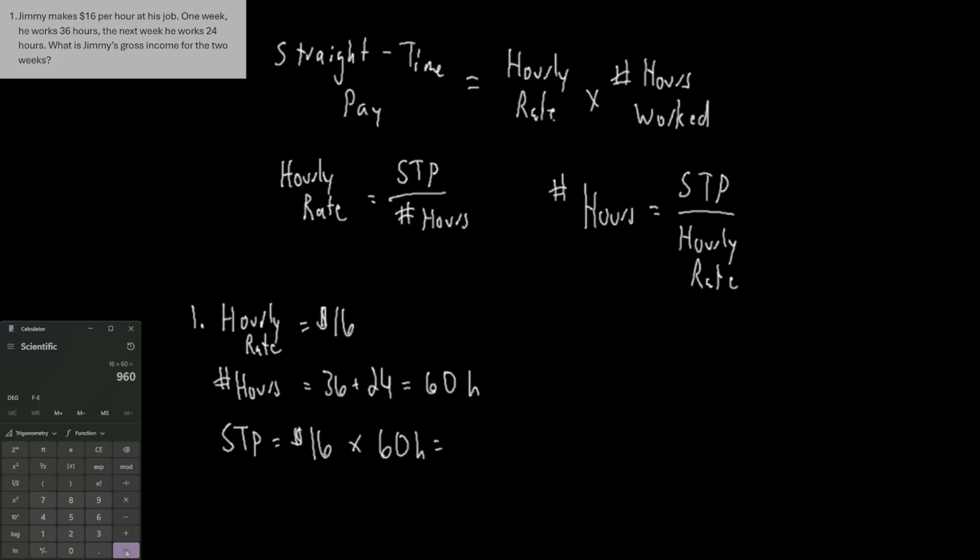And that equals 900 and $60. So Jimmy's take home pay for those 2 weeks together, $960. Almost made it to like full time, 40 hours that first week. Maybe had doctor's appointments, maybe had vacation that second week, worked less. So that would be his paycheck if he gets paid for those 2 weeks.